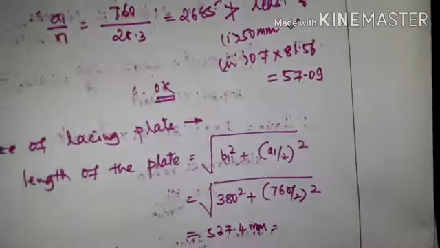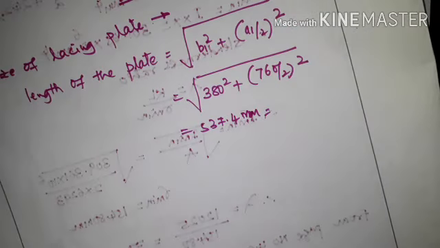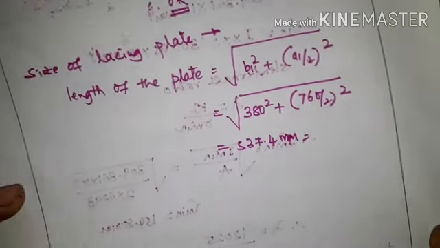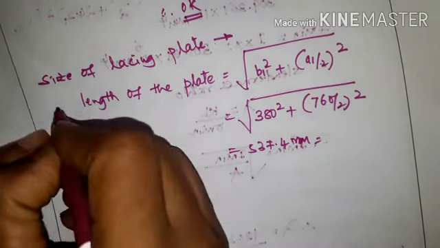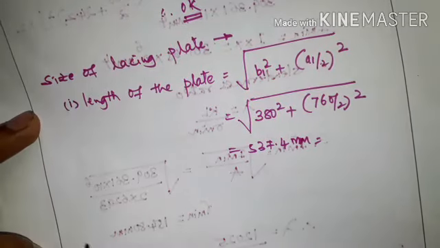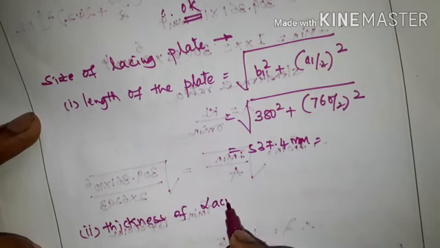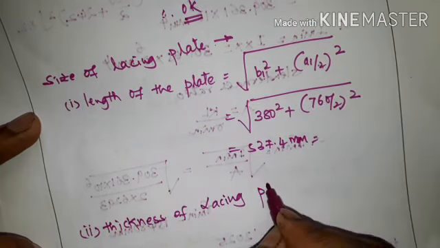Then next is the thickness of lacing plate. First is length, second one is thickness of lacing plate.